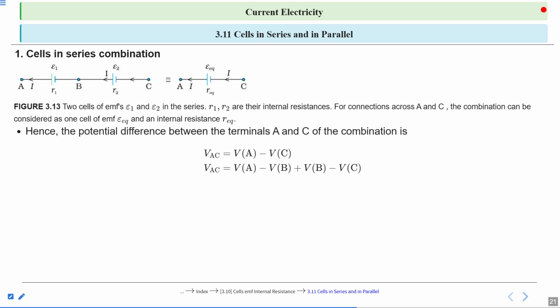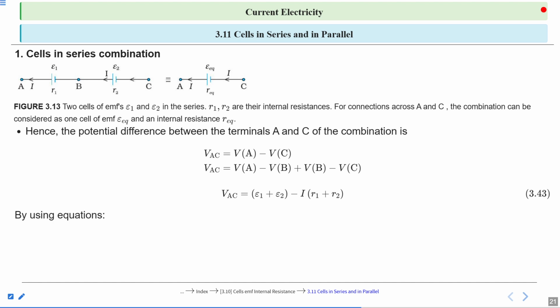It can be written as VA minus VB, the potential difference between points A and B, plus VB minus VC, the potential difference between points B and C. So VAC will be equal to epsilon 1 plus epsilon 2 minus I times R1 plus R2. Mark it as equation 3.43.